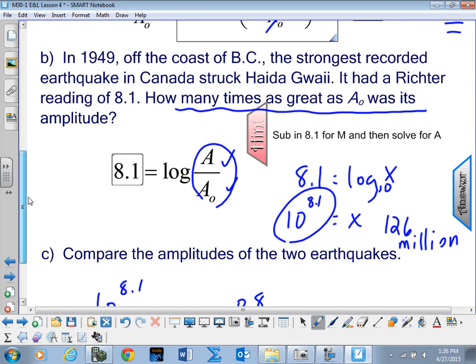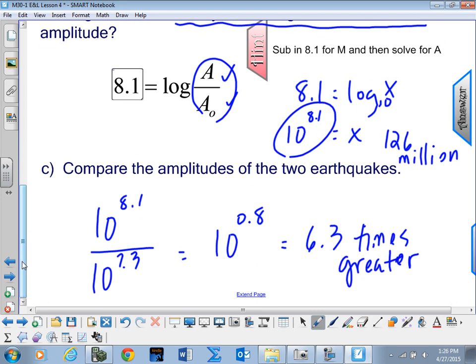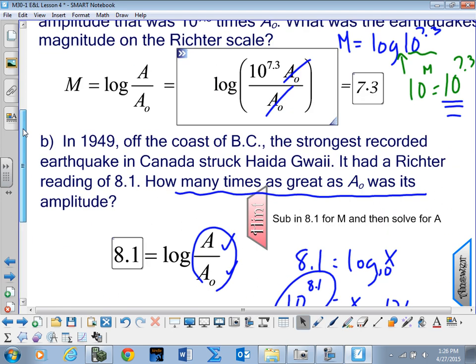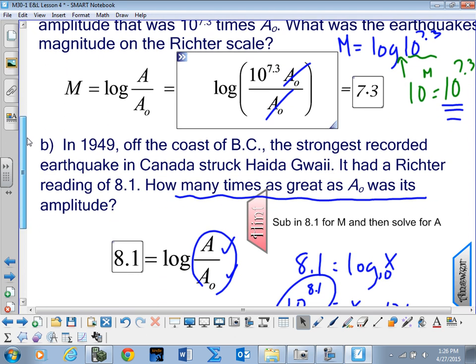The 8.1 earthquake, the 1949 earthquake, was 6.3 times greater. Okay, we will look at examples of magnitude in the homework as well, so we'll get some more practice with this.